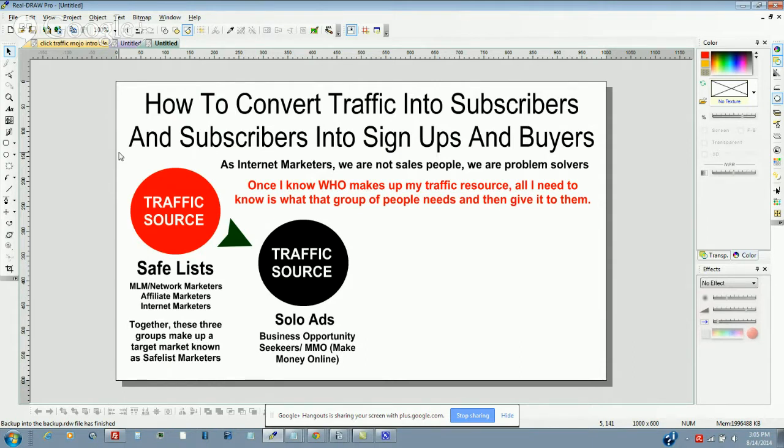And once trust is cultivated, I can now transition from offering people free solutions to solutions that have a price tag so I can earn a commission. Okay? Hopefully that makes sense to you guys.